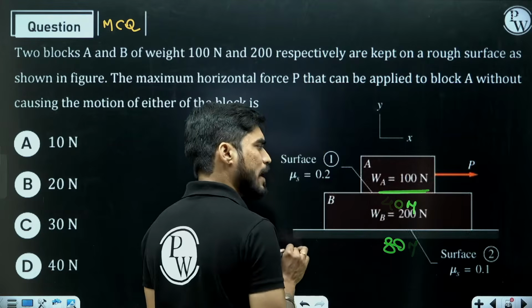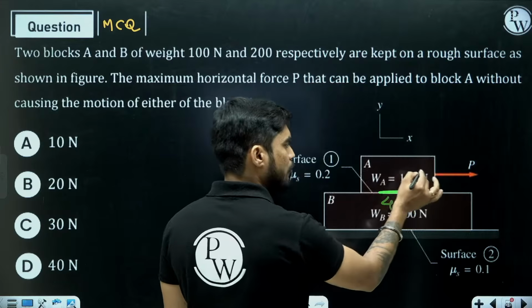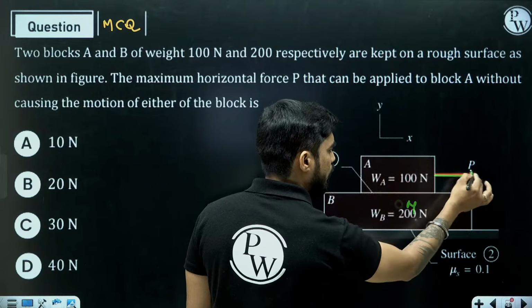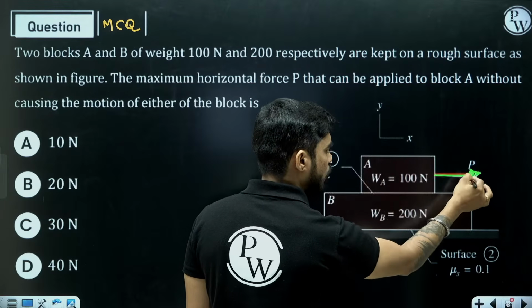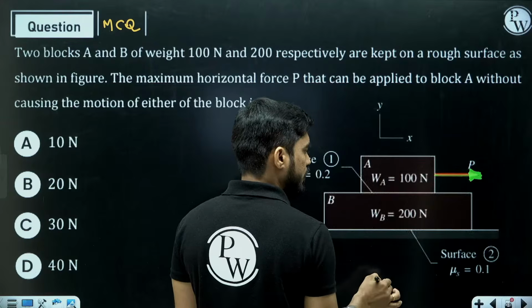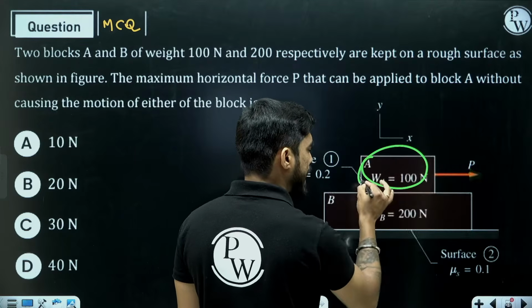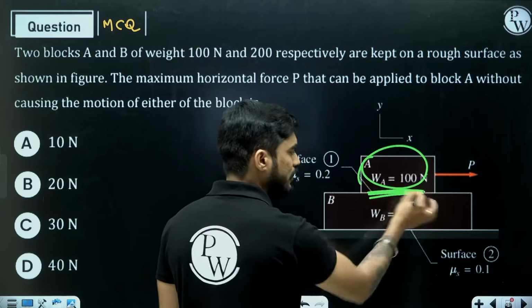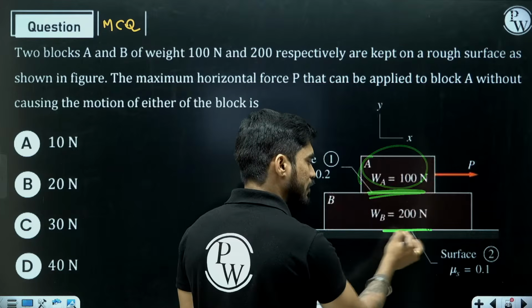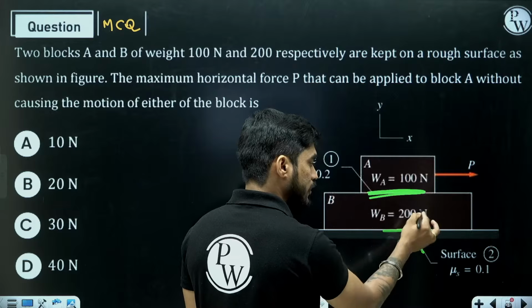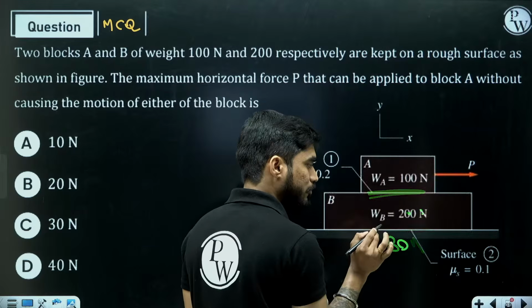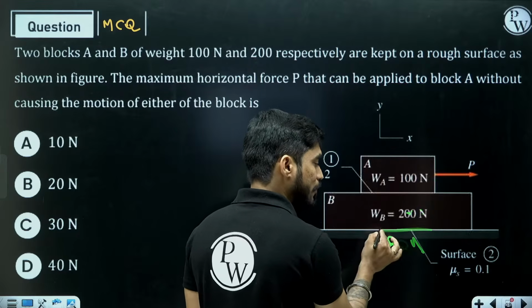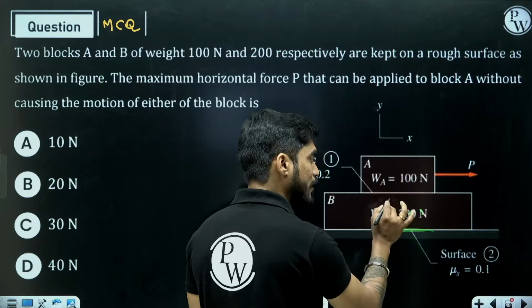Then what is going to happen, beta? The moment you apply 40 Newton force here, this block will start slipping, right? This block will start sliding because here the friction force is 80 Newton. So this block is not going to move because you are not applying more than 80, but you are applying more than 40.